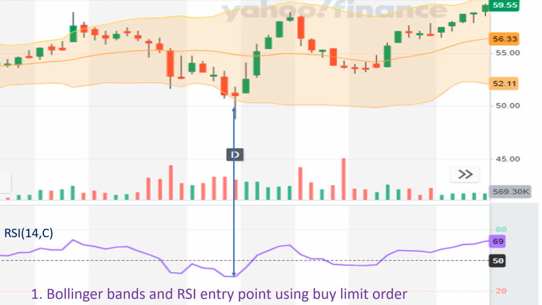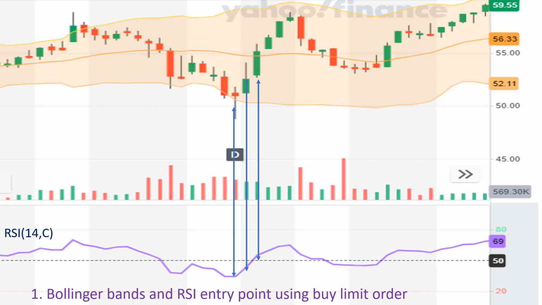On the day that we placed a buy limit order, the price was right here. And on the next day, the price was right here, but it didn't pass the 50% line. On the second day, the price was right here on RSI, exactly this bullish candle, and the price passed the 50% line, so we can exit the trade.